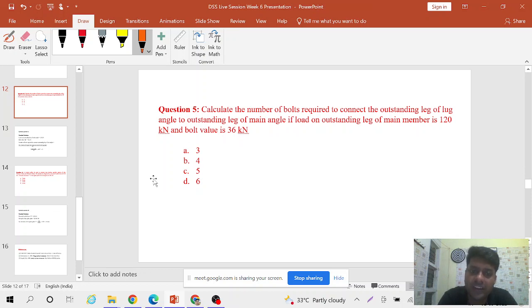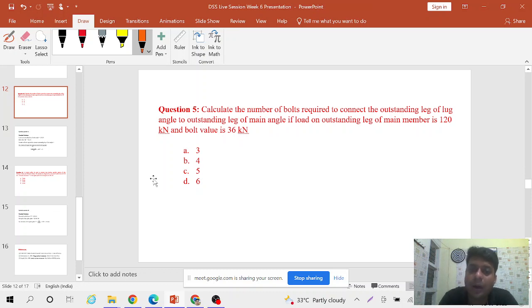The bolt value is given, meaning the capacity of a single bolt is reported here, and the load coming on the outstanding leg of main member is also given, 120 kilonewton.